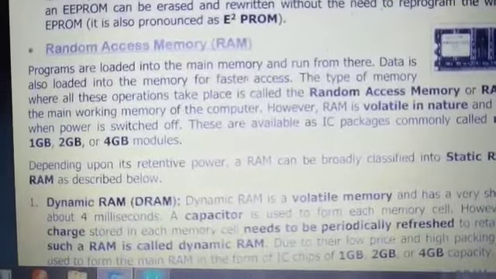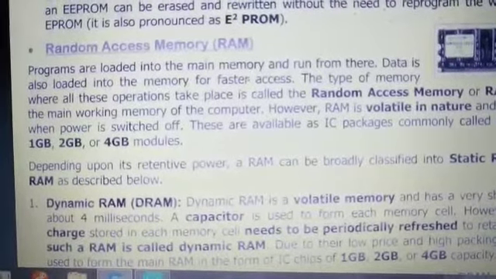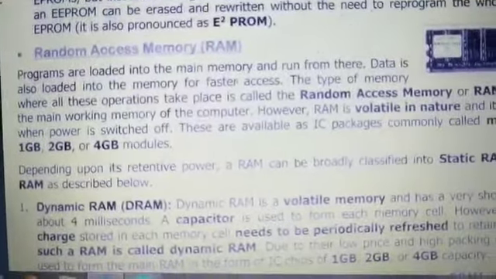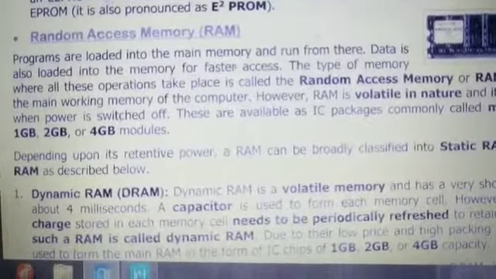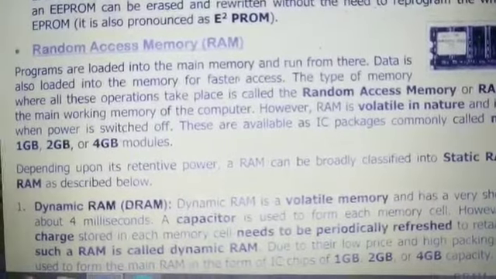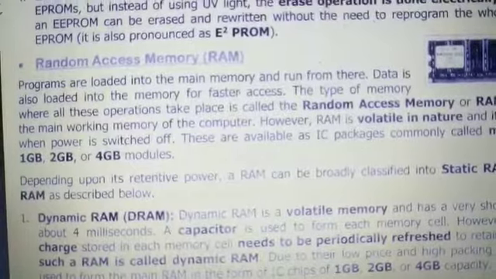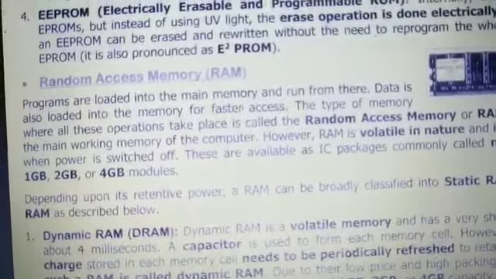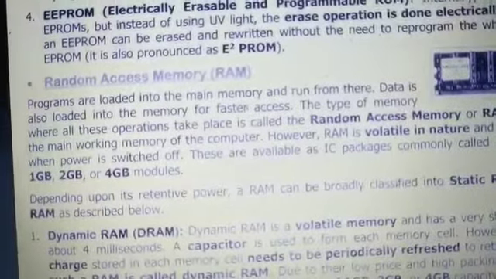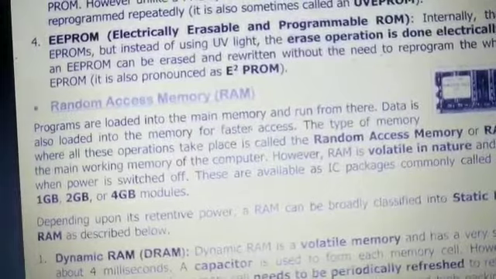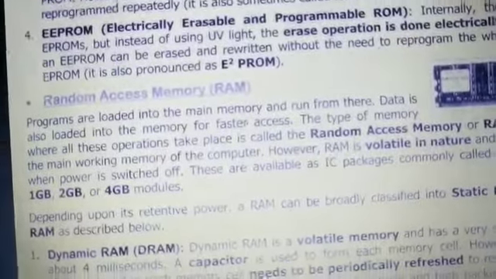So it needs to be refreshed at regular intervals of time to retain the data, because again and again you have to refresh it. That's why the packaging density is very high and the cost per bit is very low. The speed of execution is 80 nanoseconds, and it is used to make the main memory of the computer.